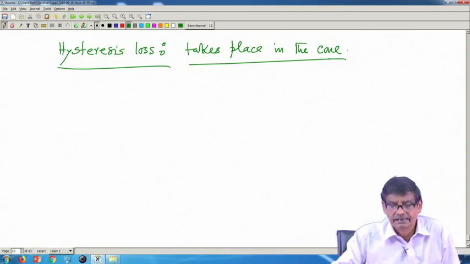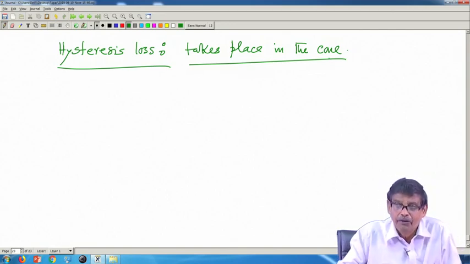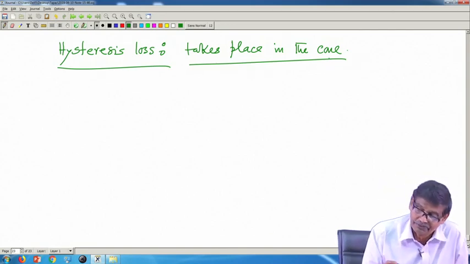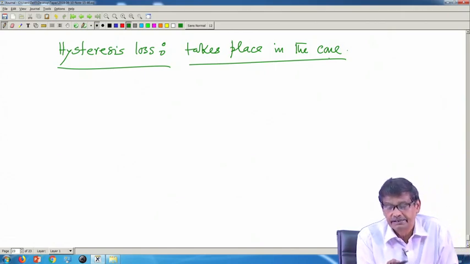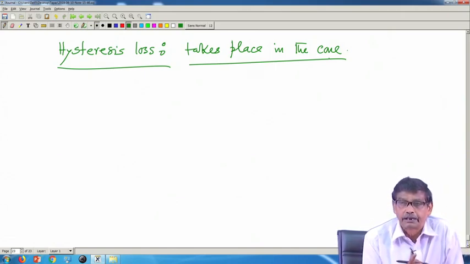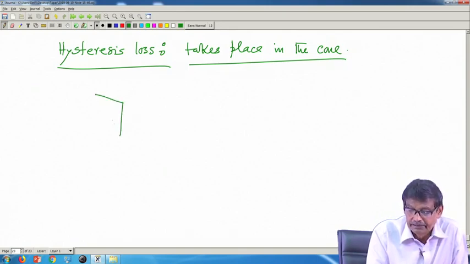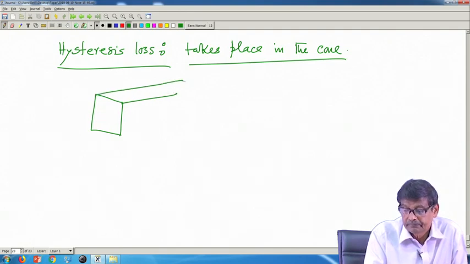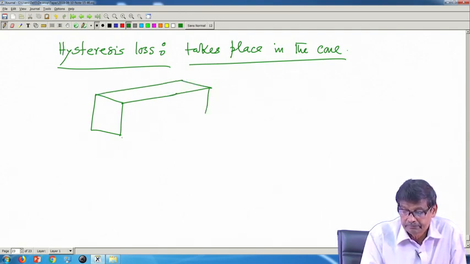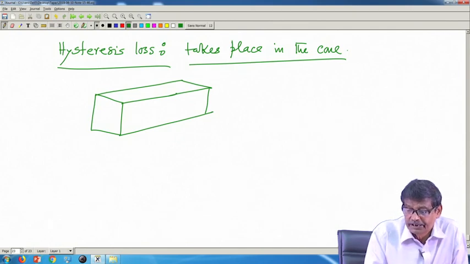This loss is slightly tricky, but we know why hysteresis loss should take place. See, after all, if you have a magnetic material like this, over which you wound a coil, are you getting?